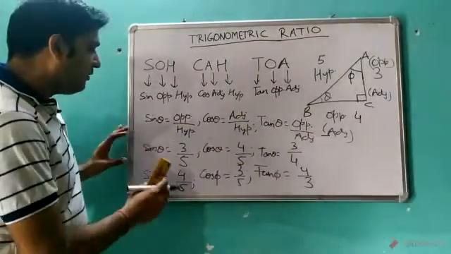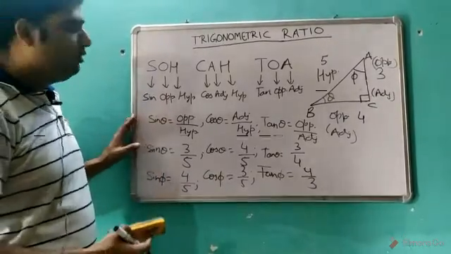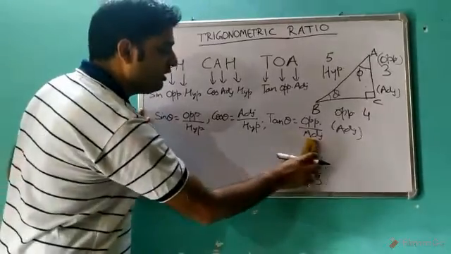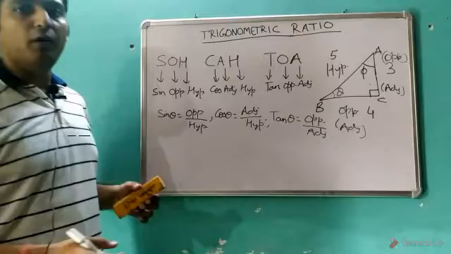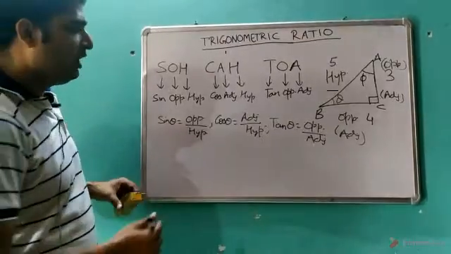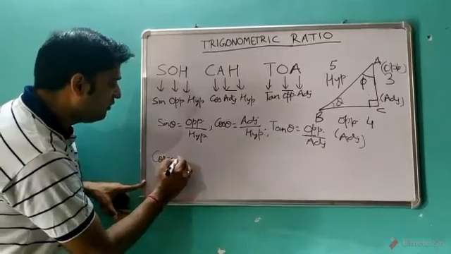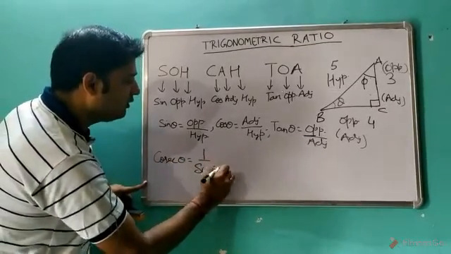Now in the next step, this is our primary trigonometry ratio. Now we are considering the secondary trigonometry ratio, which comes from the primary trigonometry ratio. The first one is cosec theta, which is equal to 1 upon sin theta.